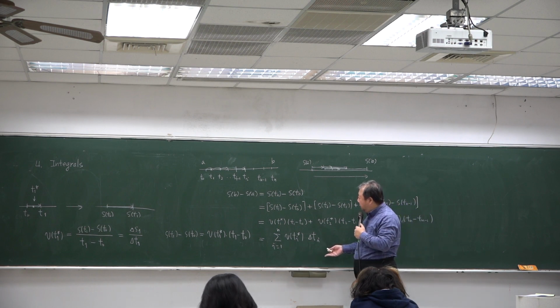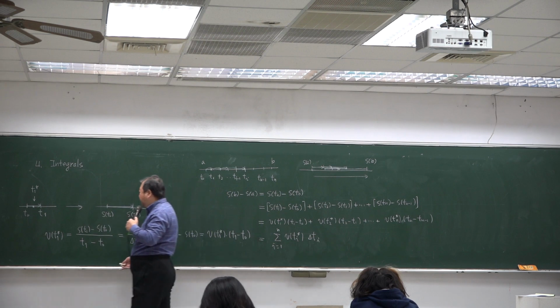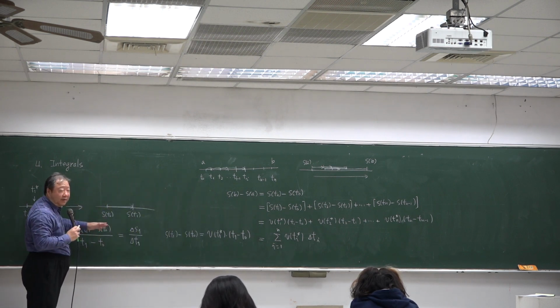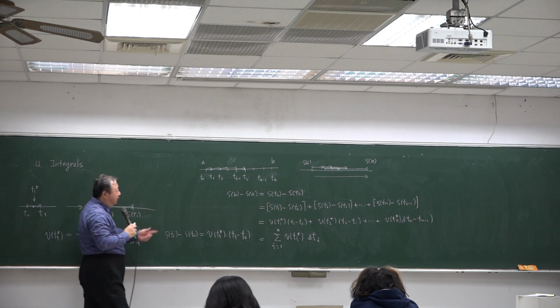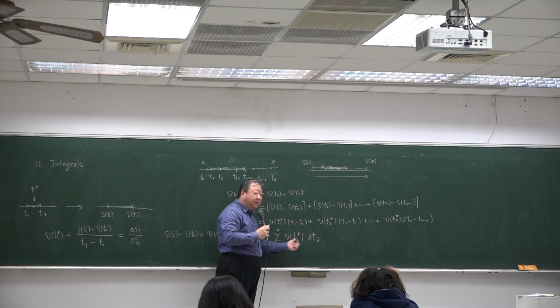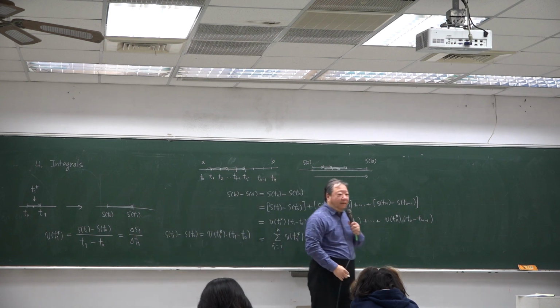So if we want to find the velocity, we use subtraction and division. If you want to find displacement, you can use multiplication, summation and addition. This is integration. This is differentiation. Okay. Got it?